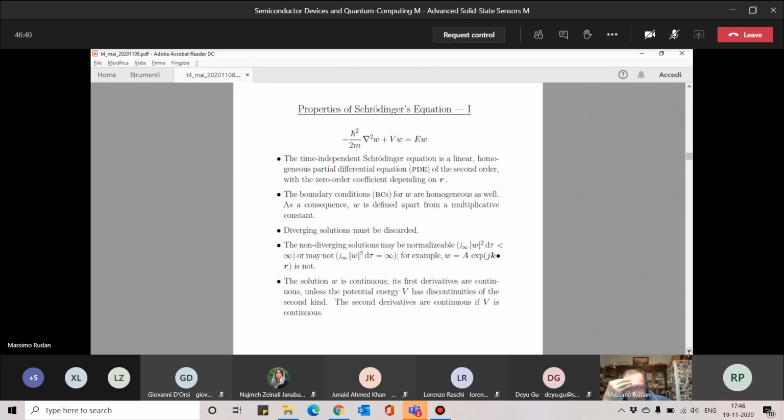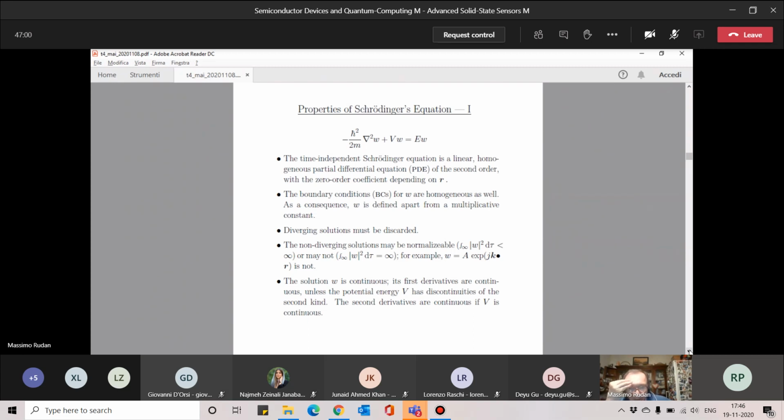So of course it must be continuous, and also the derivatives are continuous because we need the second derivatives, okay? So W is continuous and its first derivatives are continuous.